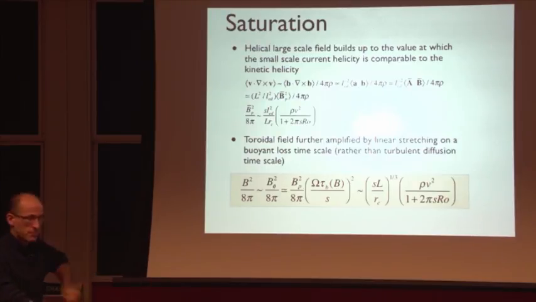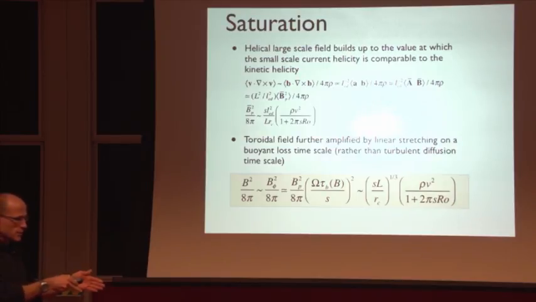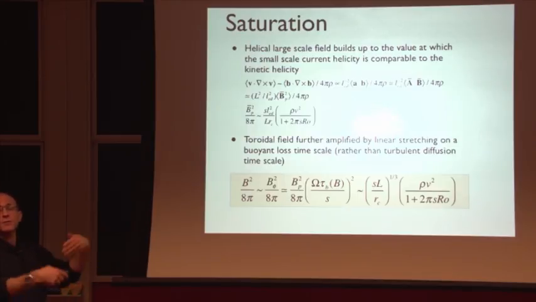The toroidal field is amplified by shear, which is not a helical amplification process, but the poloidal field has the twist, the helical part, in it. So you can think of the poloidal field as saturating by matching the small-scale helicity. The helicity is conserved on large and small scales, so you can get an estimate for the large-scale field strength associated with that, and that's the poloidal component of the field.